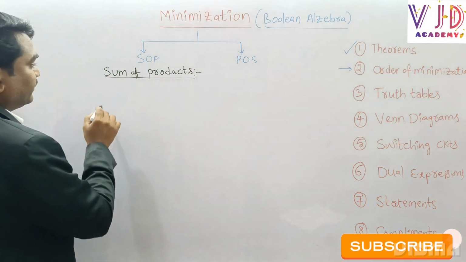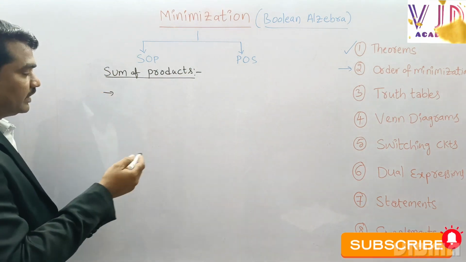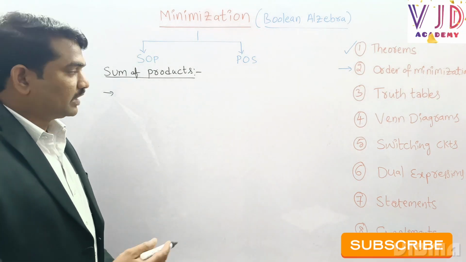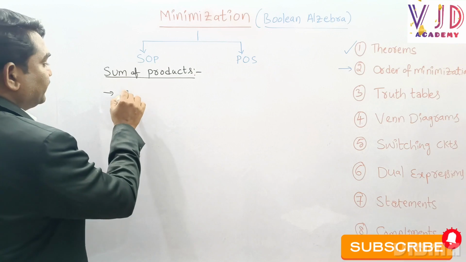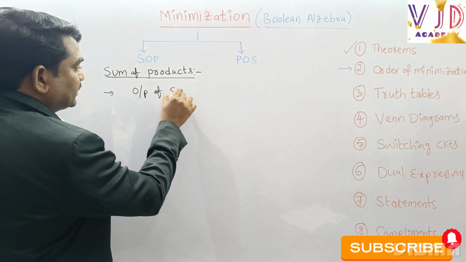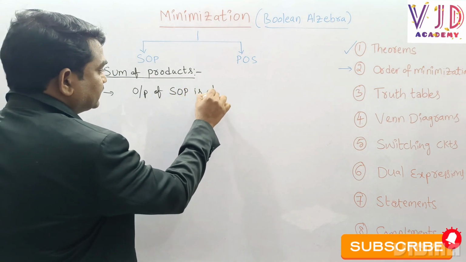When we are learning about the sum of products form, the first point is that the output of SOP is always represented with 1.